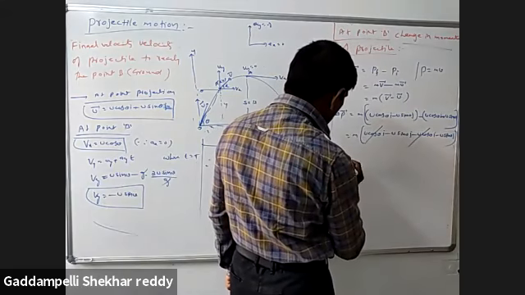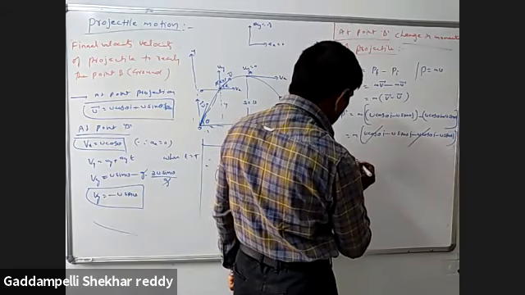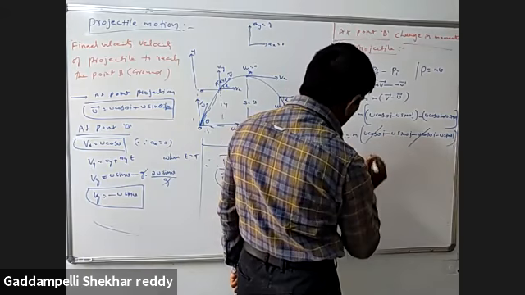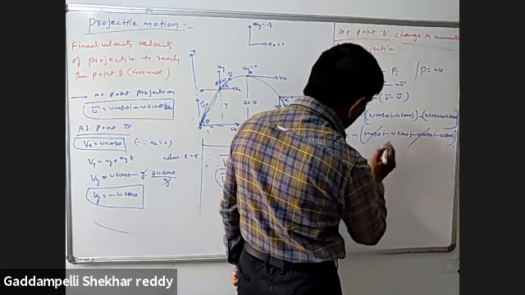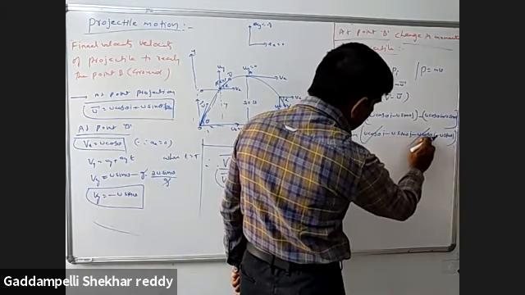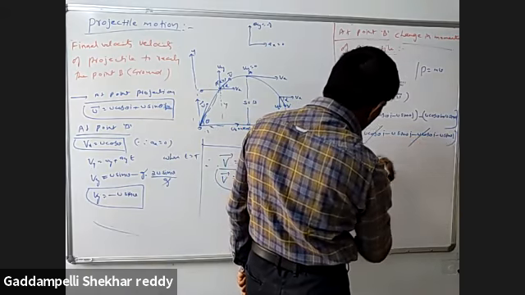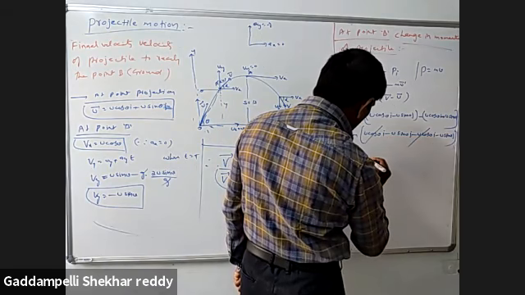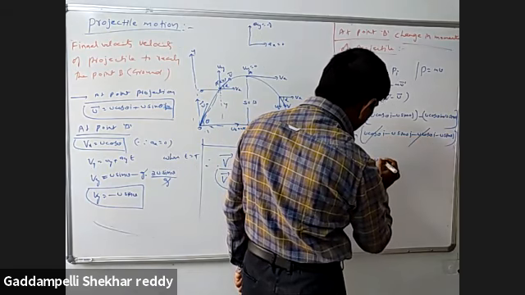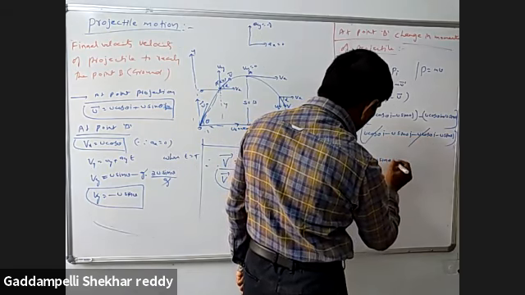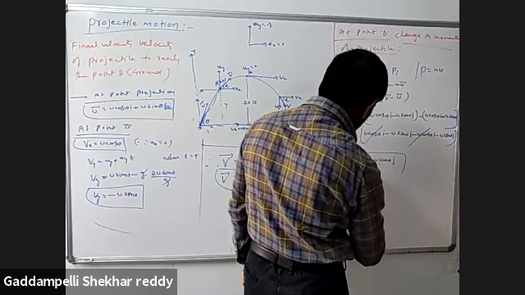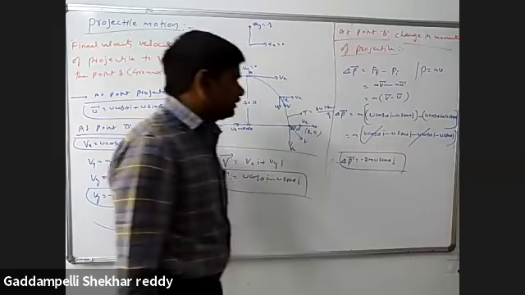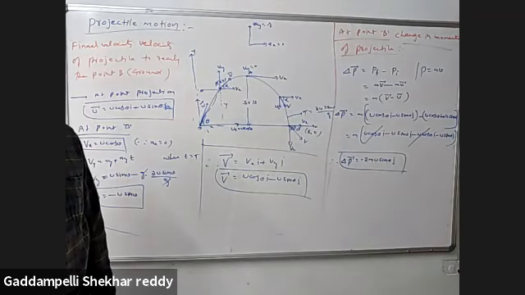Therefore delta p bar is equal to minus u sin theta j minus u sin theta j. So that means minus 2m u sin theta j. So this is the change in momentum.